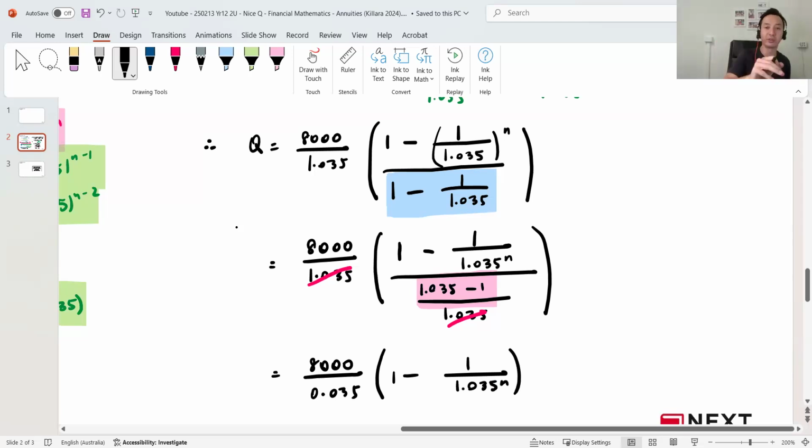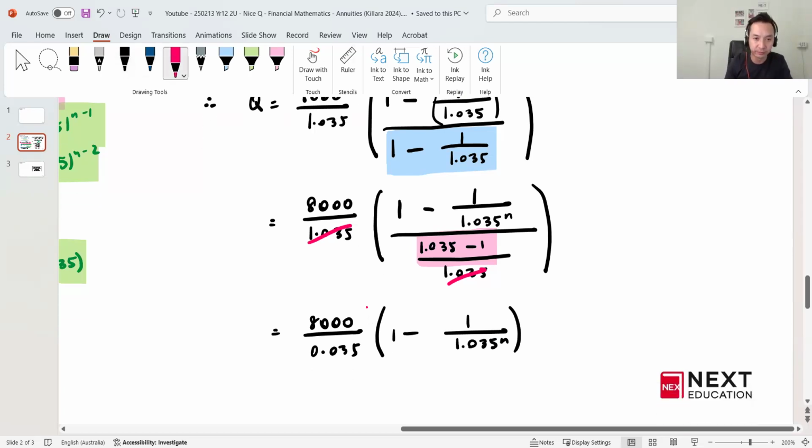I want this value of Q when I make 8,000 payments indefinitely. What does that mean? When it goes indefinitely, it means that N goes to infinity. Now, this is important, right?